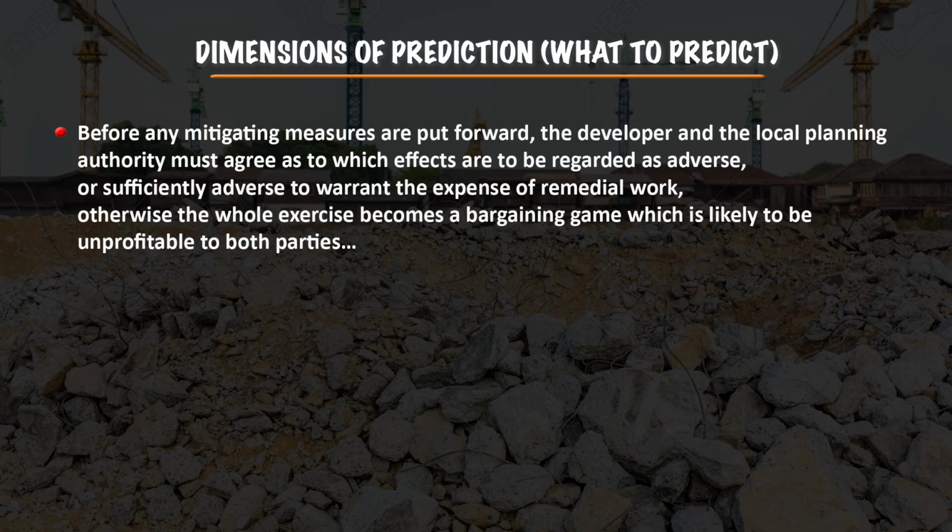Before any mitigating measures are put forward, the developer and the local planning authority must agree which effects are to be regarded as adverse or sufficiently adverse to warrant the expense of remedial work, or otherwise the whole exercise becomes a bargaining game which is likely to be unprofitable to both parties.